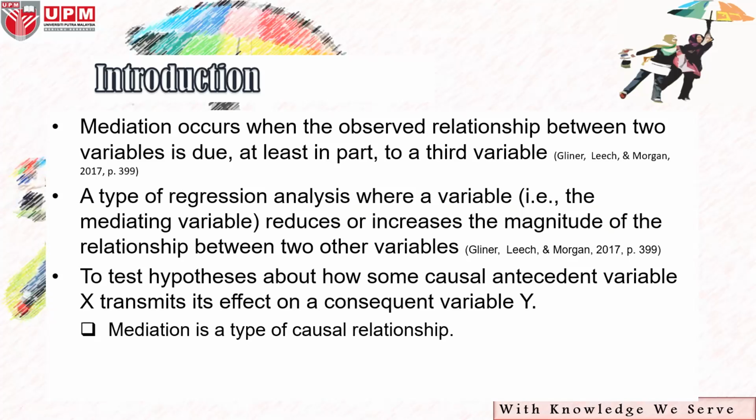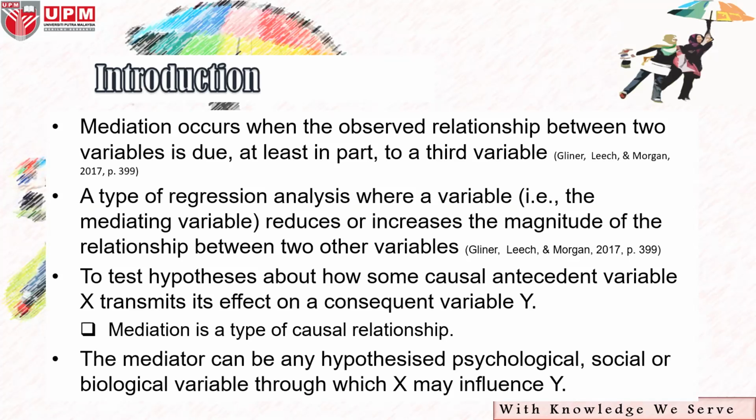Okay. But start from mediation and moderation, these types of statistical analysis ni is known as cause and effect statistical analysis, in which if we apply this analysis, we can determine which one is the cause, which one is the effect, the causal relationship. Okay, so mediation is a type of causal relationship.